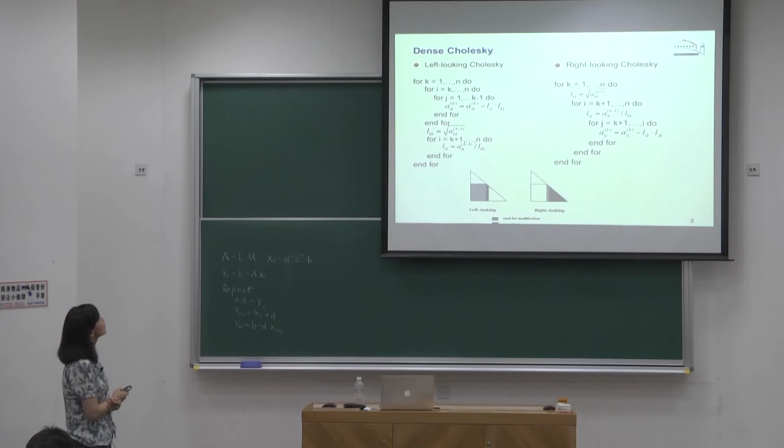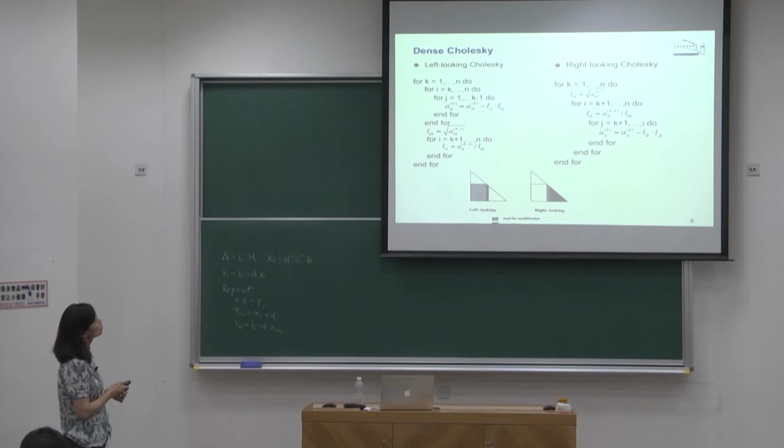Okay, so let's start with dense Cholesky. For dense Cholesky or dense LU, Cholesky is just half: you do the symmetric factorization, so you can save half of the storage and half of the operations. There's also left looking and right looking. Left looking means right now I'm doing the Cholesky factorization, and I have half of the matrix; the other half I don't need to work on because it's always symmetric.